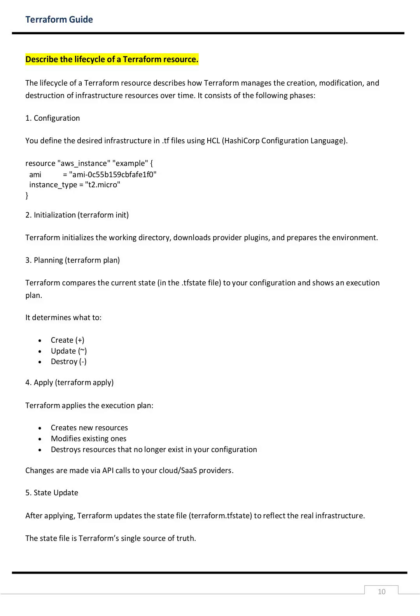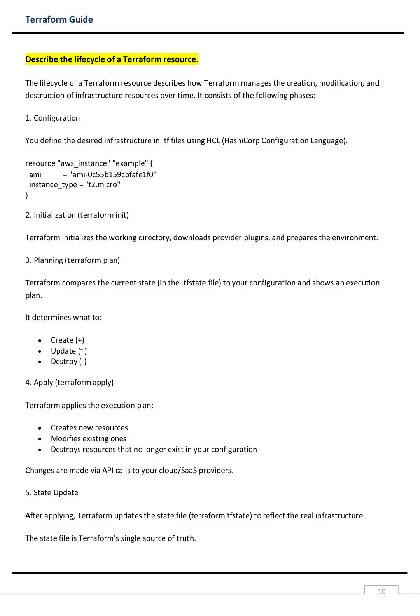Terraform applies the execution plan, creates new resources and modifies existing ones, destroys resources that no longer exist in your configuration. Changes are made via API calls to your cloud or SaaS providers. 5. State update. After applying, Terraform updates the state file, terraform.tfstate, to reflect the real infrastructure. The state file is Terraform's single source of truth.